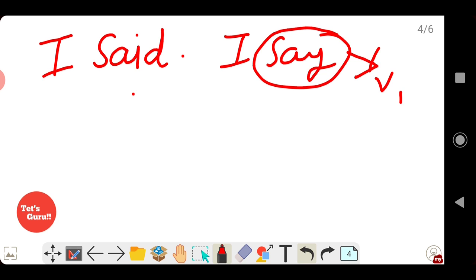उसने सोचा, and what we call सोचना, think, thought. This is the second form of the main verb think, which is thought. So उसने सोचा, उसने means any girl here. So she thought.